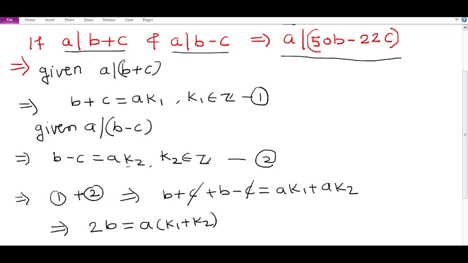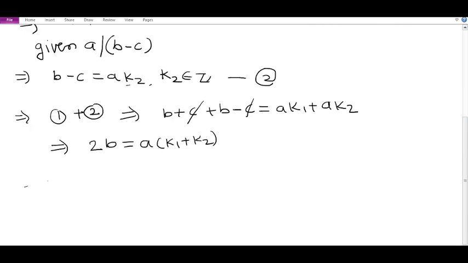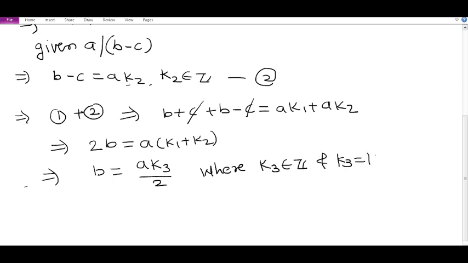So b is equal to a times k3 divided by 2, where k3 is an integer and k3 is equal to k1 plus k2.